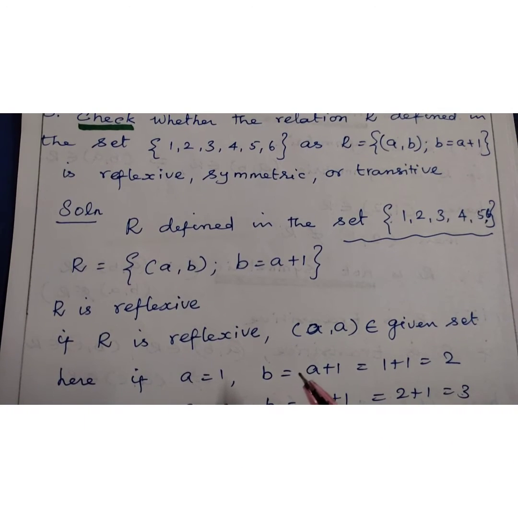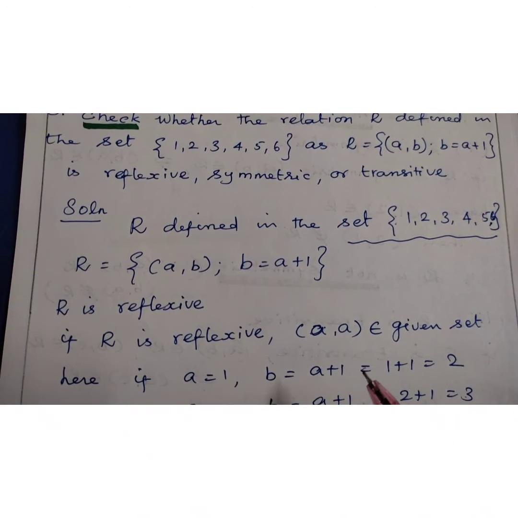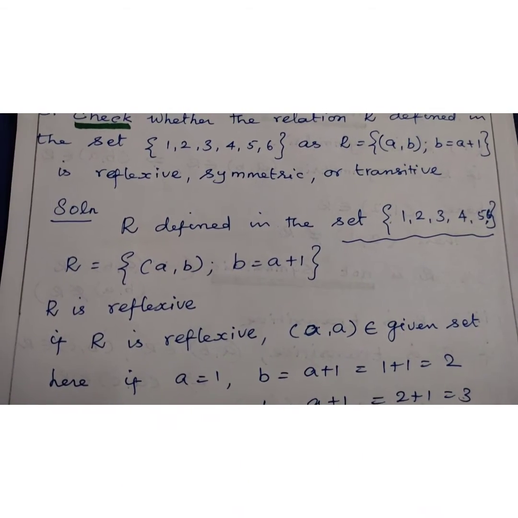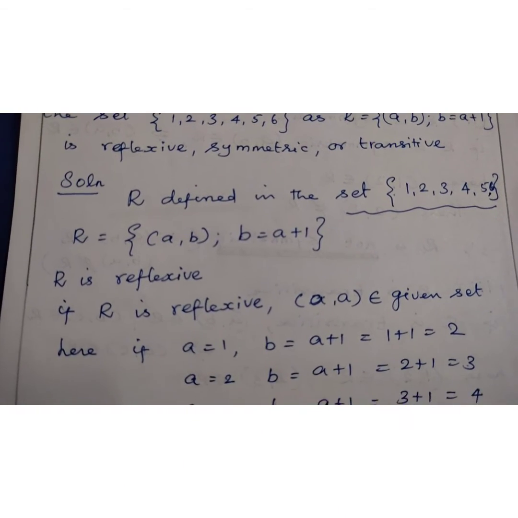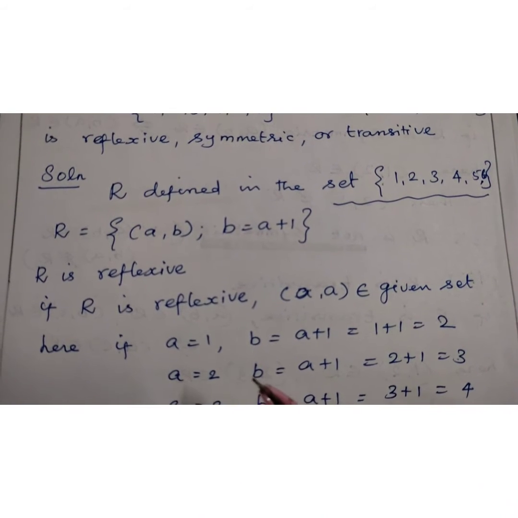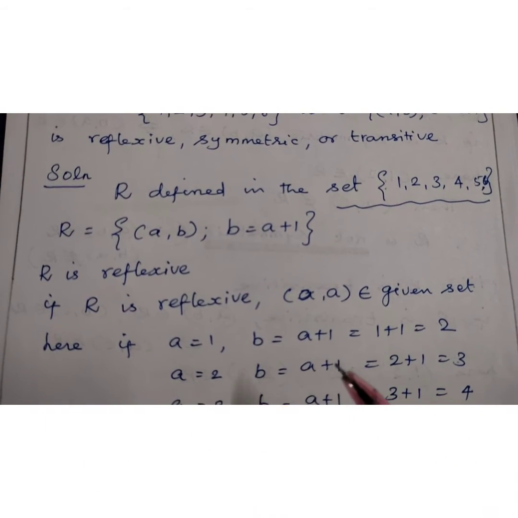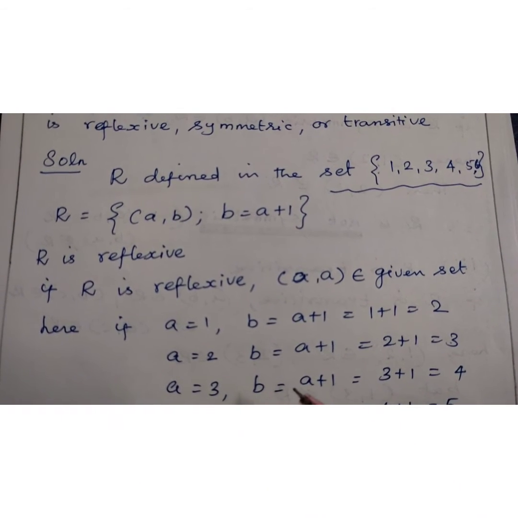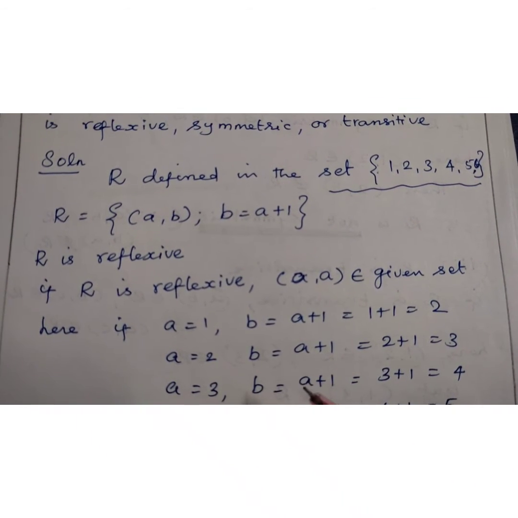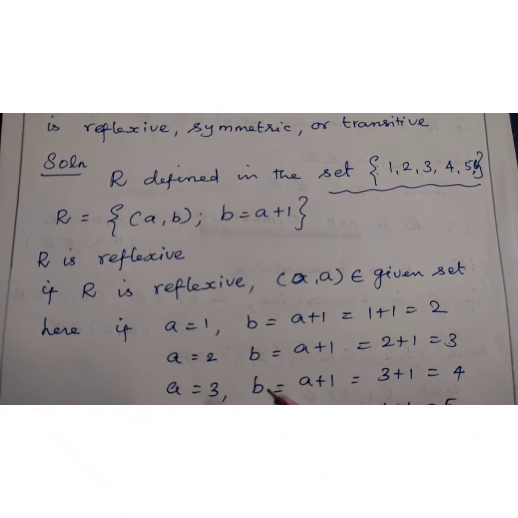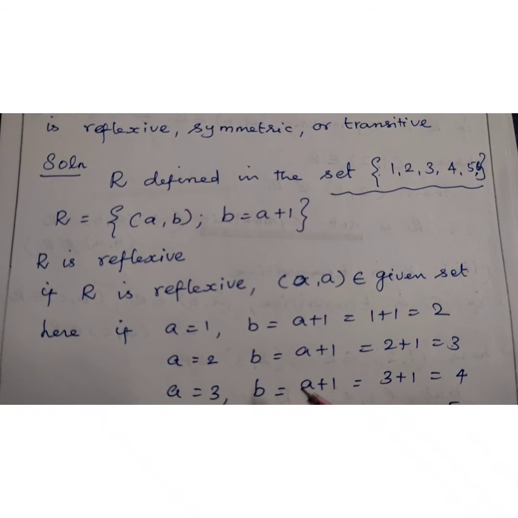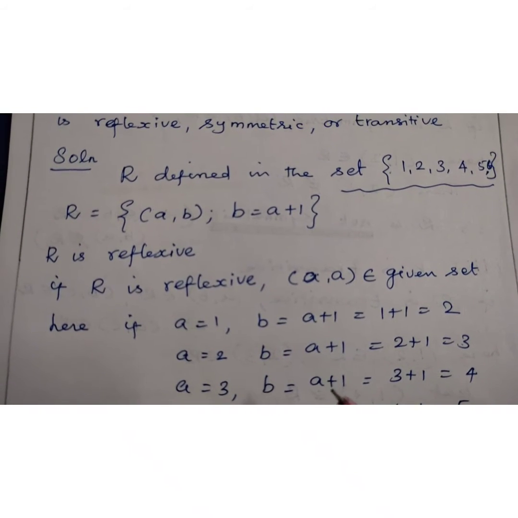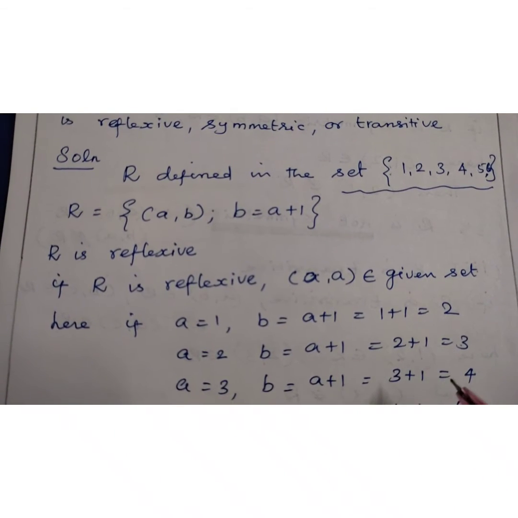From the given condition, B equals A plus 1, that is 1 plus 1, that is equal to 2. Likewise, A equal to 2 means B equals 3. A equal to 3 means, substituting in the formula B equals A plus 1, the B value equals 4.